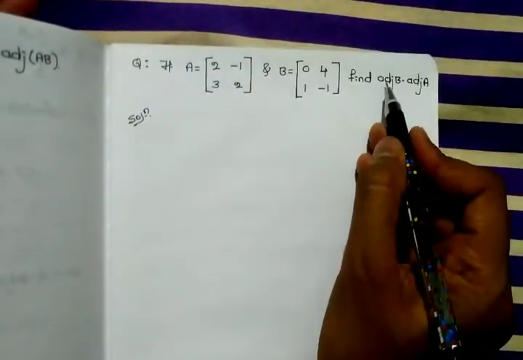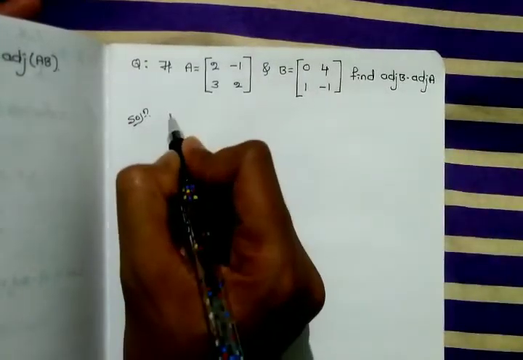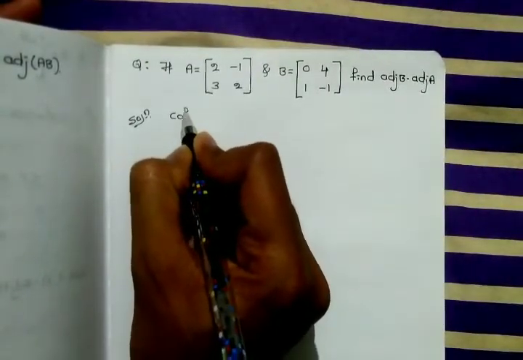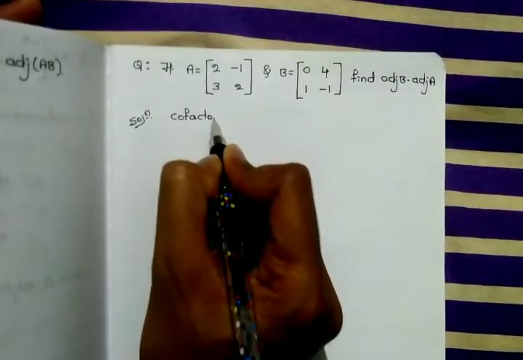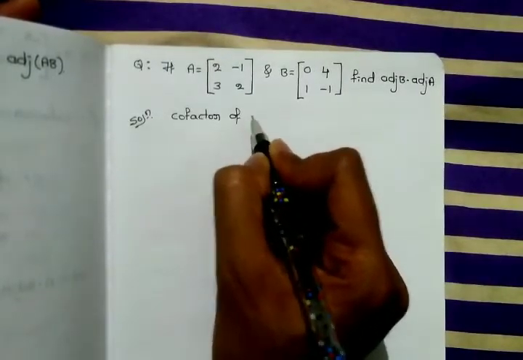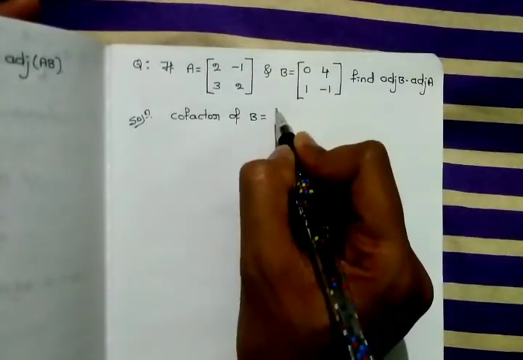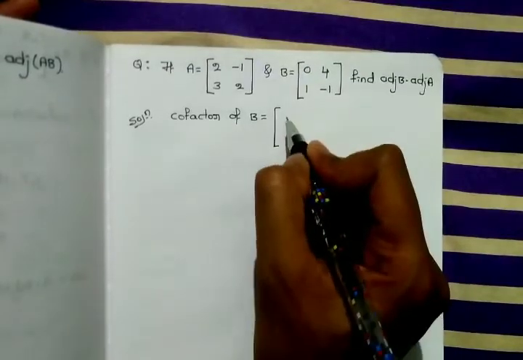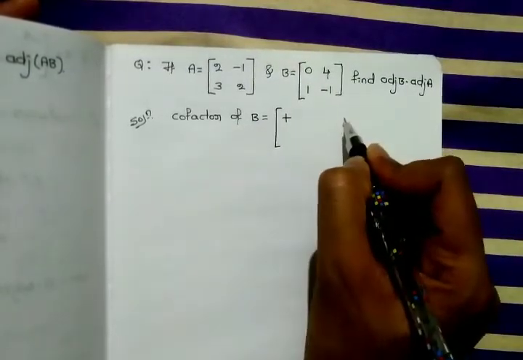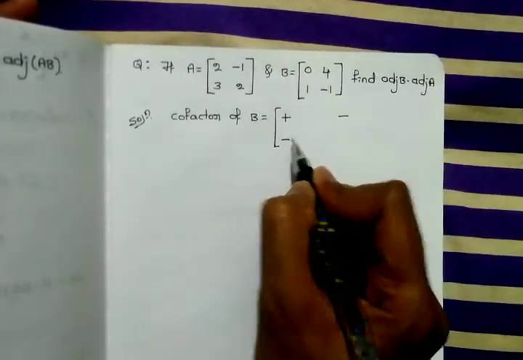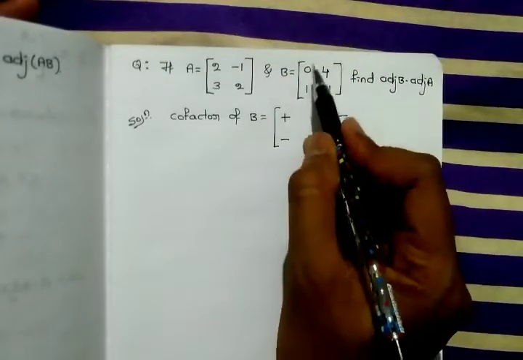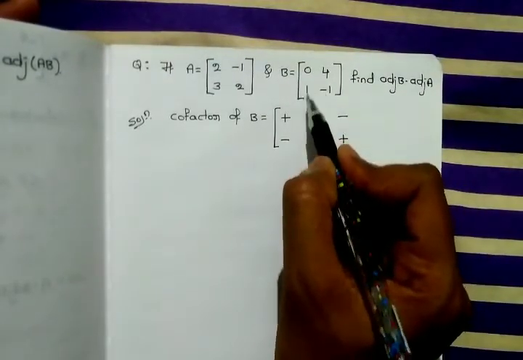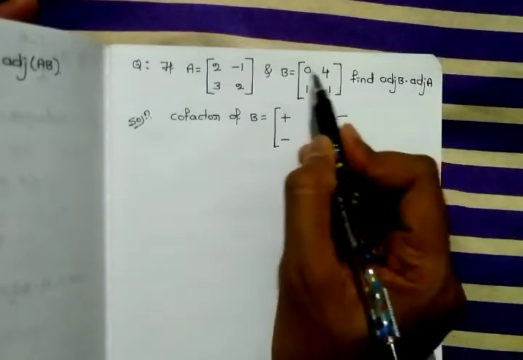First, adjoint of B is there. Find out cofactor of B. Cofactor of B is equals to, sign rule you write plus minus minus plus. So here it is B. First element 0 means delete that column and that particular row.